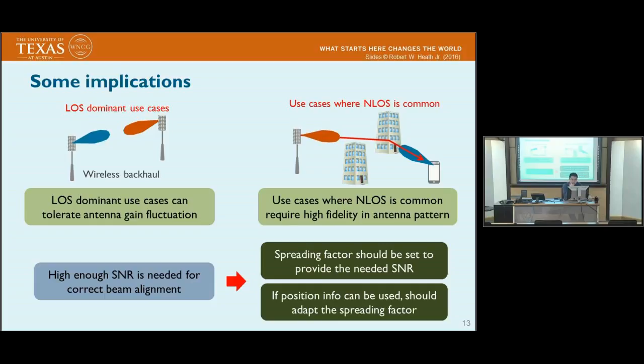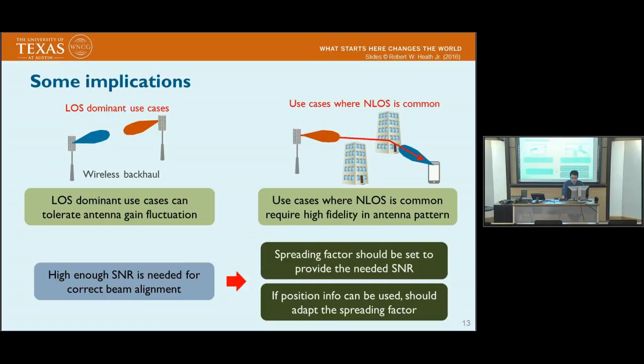So what it means is that if we are in a use case scenario like wireless backhaul, meaning that we are likely to have line of sight, then we should have enough gain by either using a higher transmit power or using a larger spreading gain to have enough receive signal during the beam training. But even in the non-line of sight case, it's also important. For example, in the use case of Wi-Fi or in the cellular, that we could have non-line of sight, then the gain fluctuation can also be a problem. So that has to be taken into account.